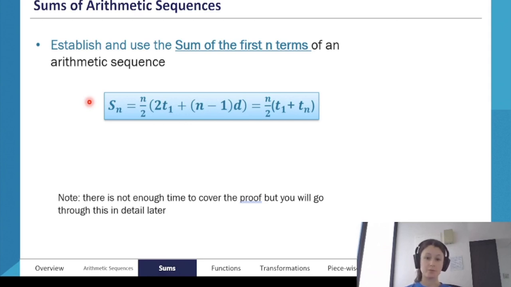So whereas the formulas that we were working with before told us the value of a specific term, the sum of an arithmetic sequence tells us the sum of all of the terms up to a certain point. So this is really important for questions where we're asking, like, how much of something has somebody accumulated?